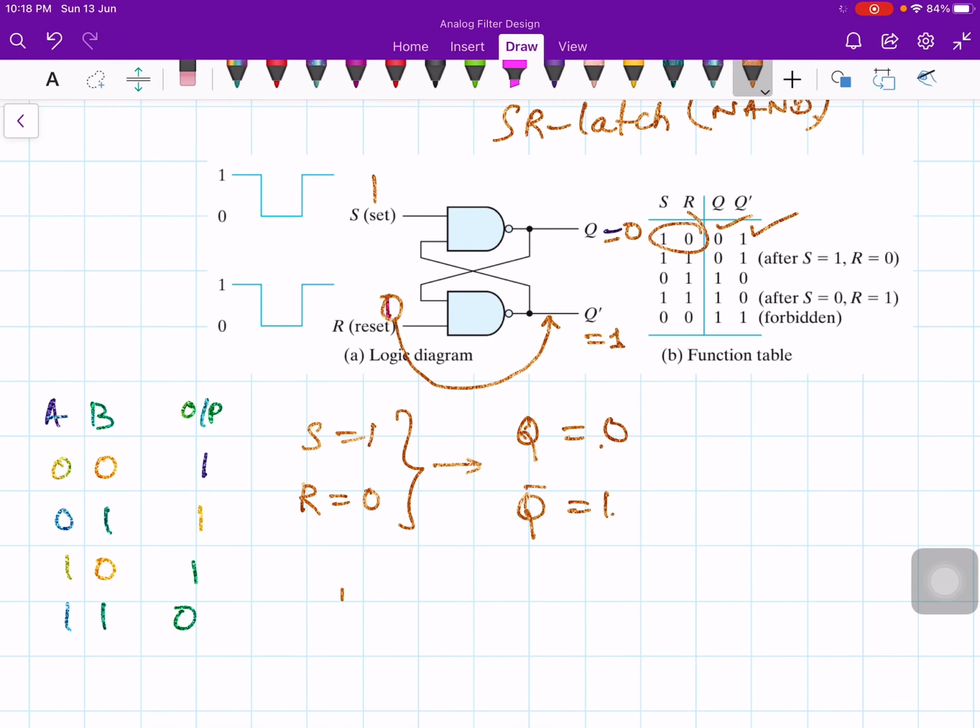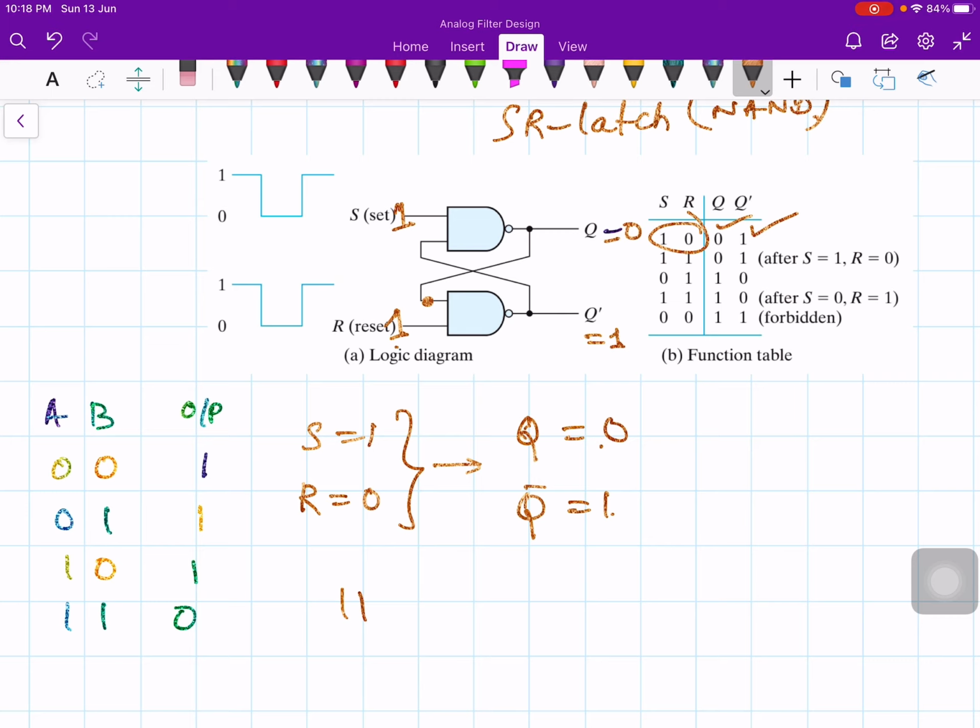Now if you apply 1 1 to this and here also 1, if the input is 1, you cannot analyze. So you need the second input also in this case. If any one input is 0, yes, you can go ahead and find the output. But if one input is 1, then you need to know the second input also to find the output.